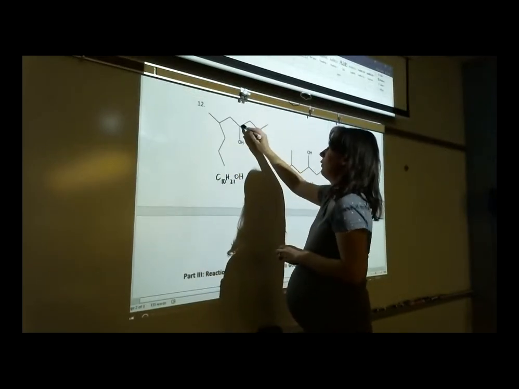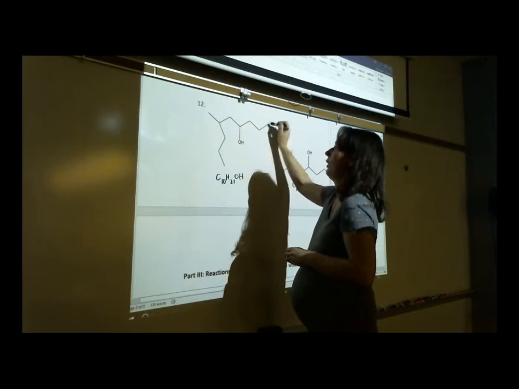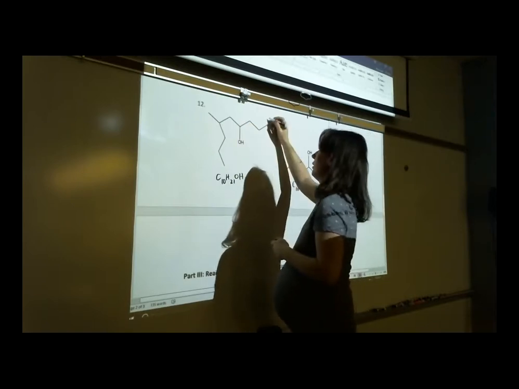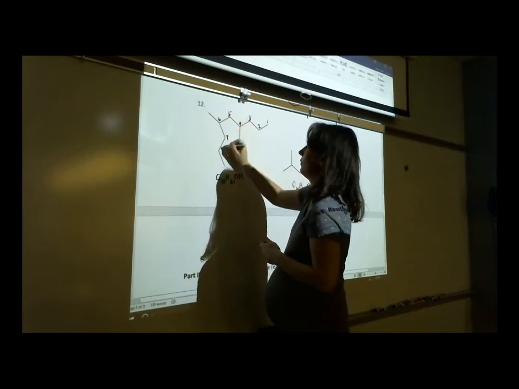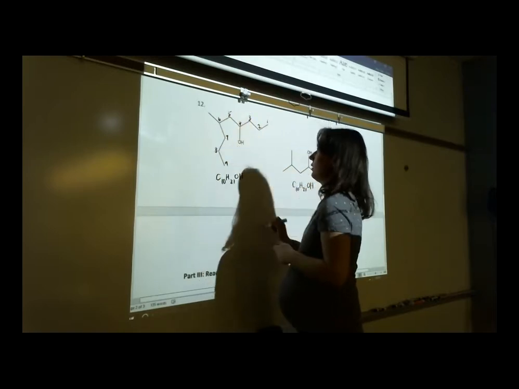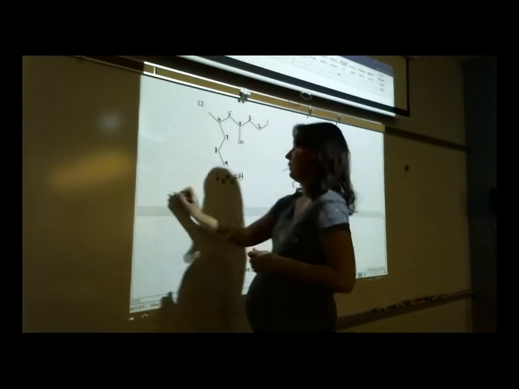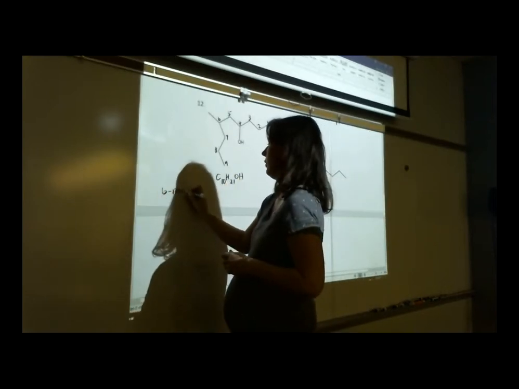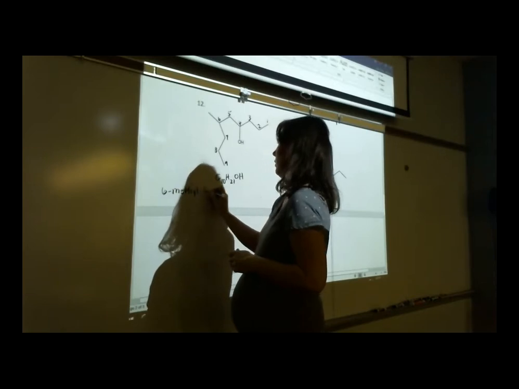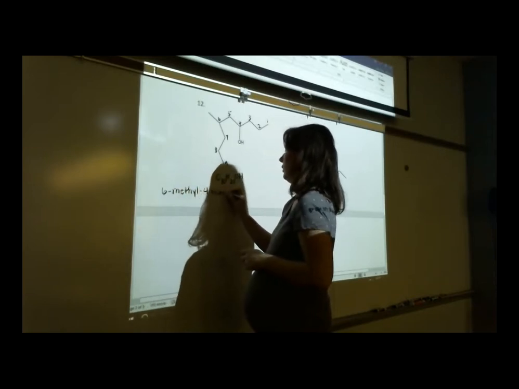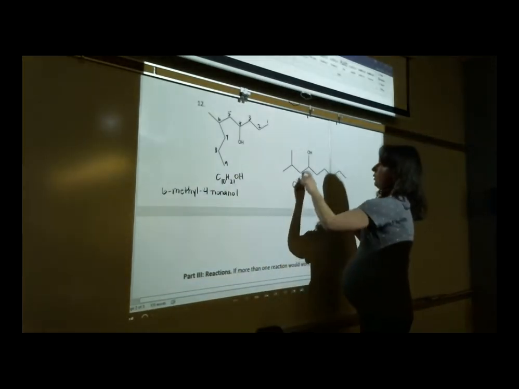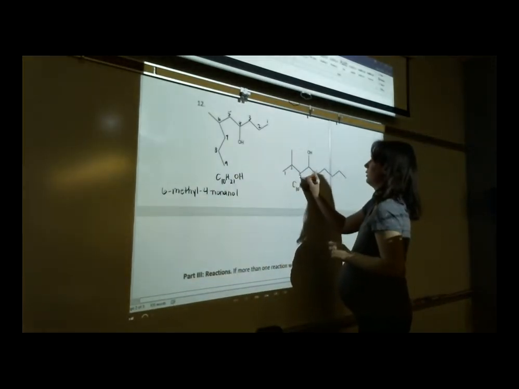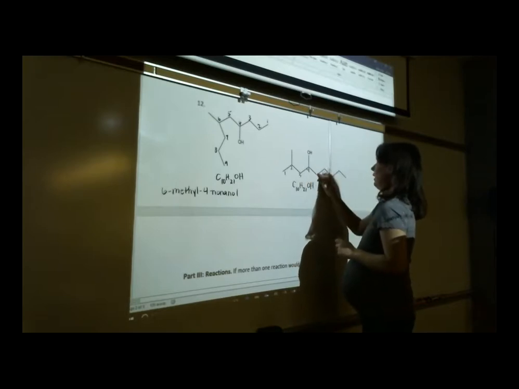1, 2, 3, 4 versus 1, 2, 3, 4, 5, 6. Obviously, we're going to number this way, right? So this would be 6-methyl-4-nonanol, right? And then with this one, 1, 2, 3, 4 versus 1, 2, 3, 4, 5, 6, right?